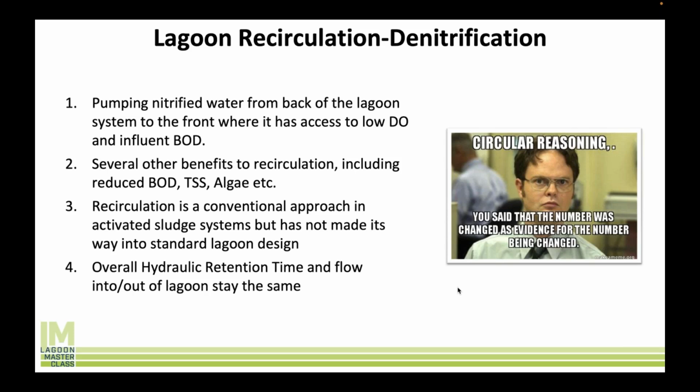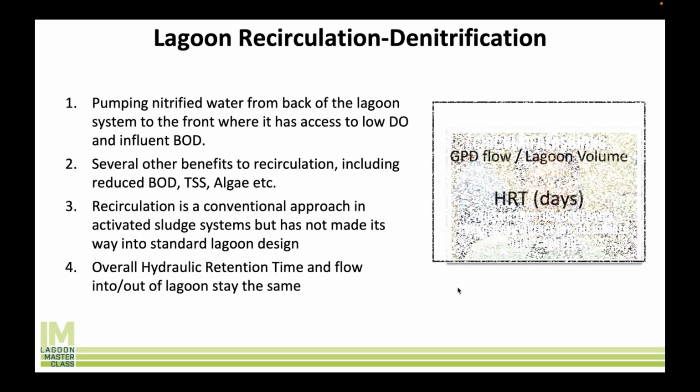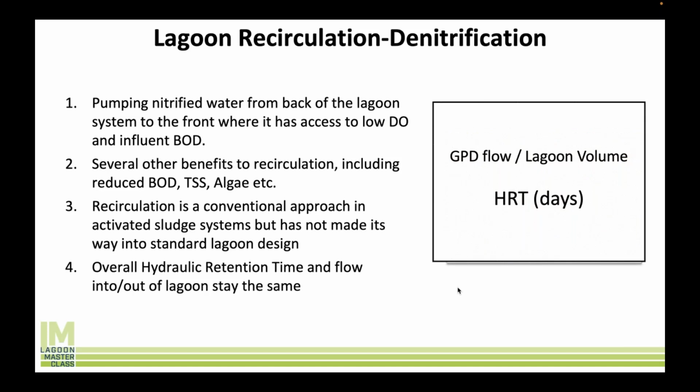I think one of the things that people get confused on the recirculation side is, wow, well, if we're recirculating water, are we reducing the amount of time the water sits in the lagoon, right? Sort of like circular logic. And the short answer to this question is no, we're not, because the fundamental equation for determining how many days the water sits in your lagoon system is the influent flow divided by the lagoon volume.